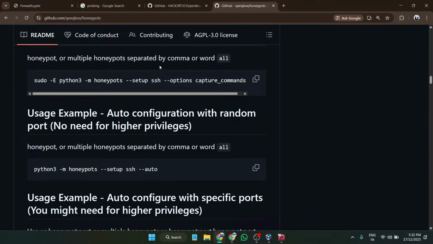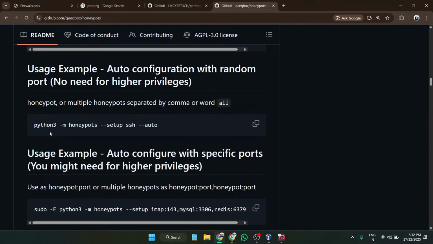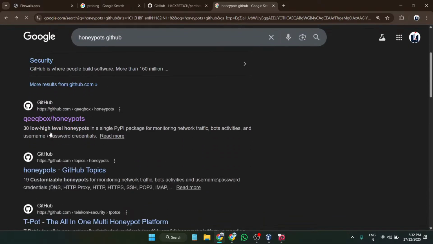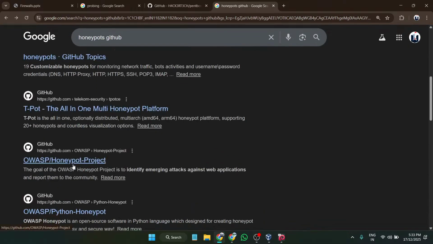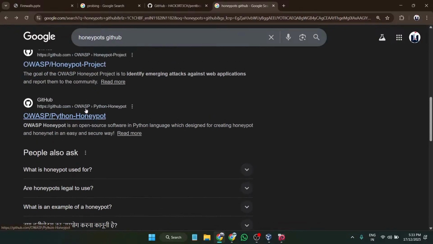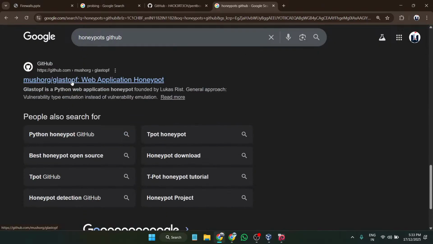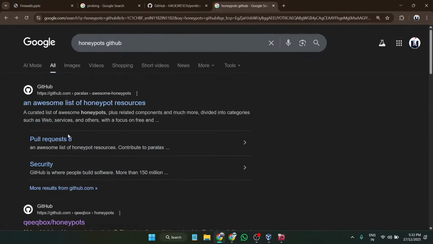Set up SSH port. Here is for auto configuration. So you can try using all these kinds of honeypots too. Python honeypot, this one is a good one. You guys must try some more tools. They work similarly. If you know how to use Linux, you know how you can actually use these hacking tools.